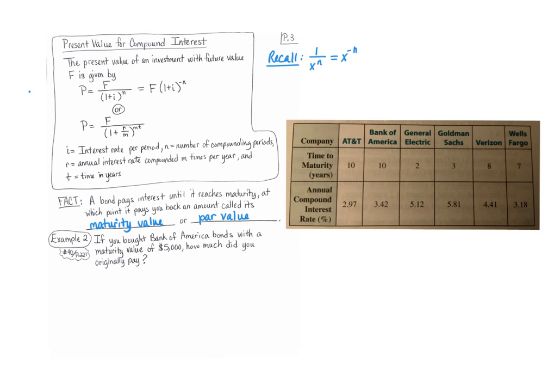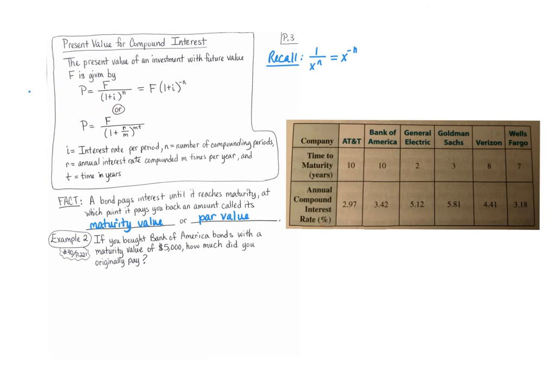So here we're being asked for our P. Looking at the Bank of America bonds, we know that N, the number of compounding periods, would be 10, and our interest rate per period would be 3.42%.